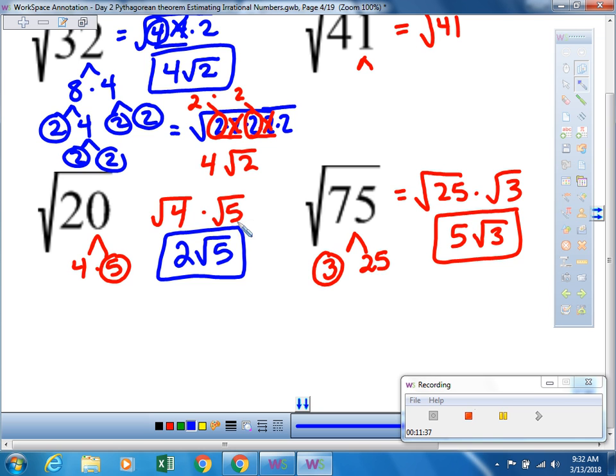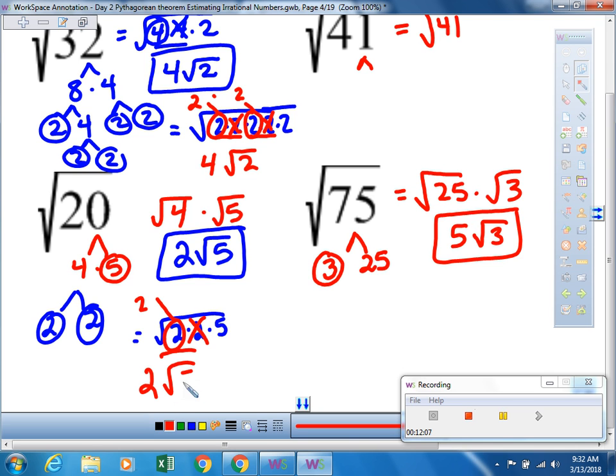If you wanted to go again to prime factors, you would just break that up into 2 times 2. And so what you end up with is 2 times 2 times 5. And then what are you looking for? Here's 2 equal factors. Take 1 out, get rid of 1. So I took out a 2.